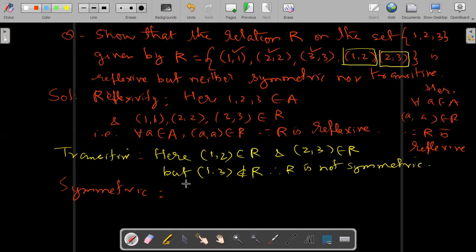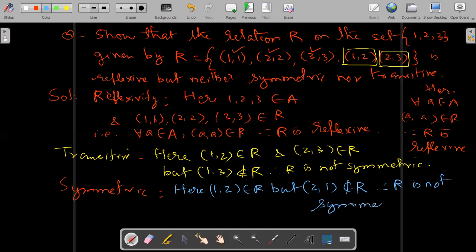So we can take this: (1, 2) belongs to R, but (2, 1) does not belong to R. Therefore R is not symmetric.